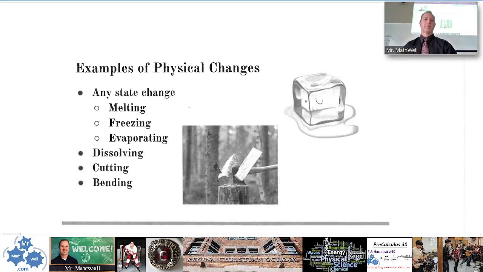So some more examples of physical changes would be things like melting, freezing, evaporating. Now, evaporating is interesting. There's a difference between boiling and evaporating. We won't get too much into that in this course, but evaporating is similar to boiling, except it's not necessarily at the boiling point. It's liquid going into the gas phase, but not because the temperature is raised to the boiling point.